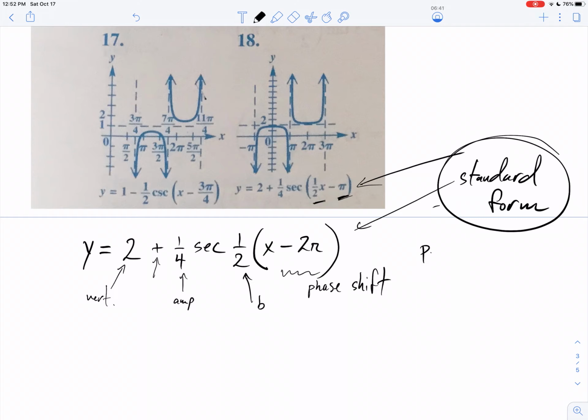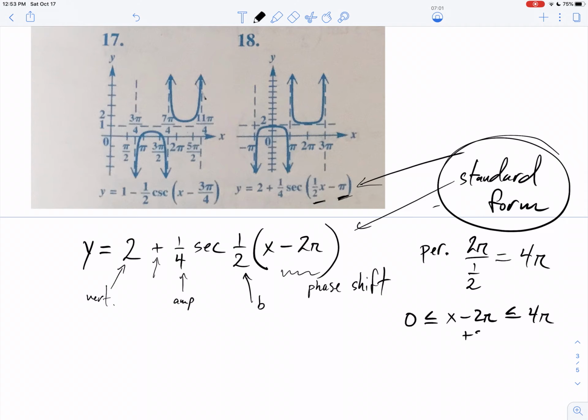So let's start with our period. And that would be 2 pi divided by b. So this is a good old-fashioned 4 pi period. So normally this thing would start at 0 and end at 4 pi. But they have a phase shift in there.